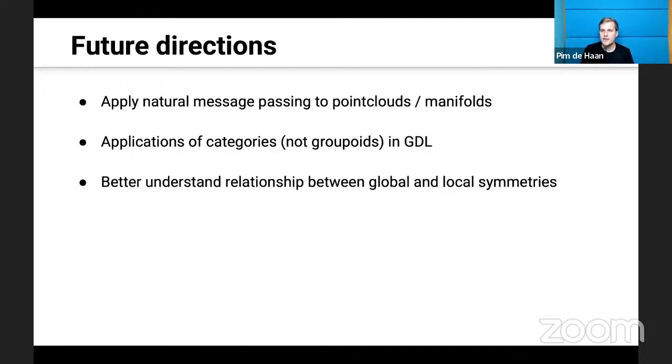We saw one instance of the monoid equivariance in the deep sets spaces, but I'm very curious and hopeful that there are a lot more interesting examples to be found. Another future direction is to understand a bit more formally the relationship between global and local symmetries, which I've briefly touched on today.